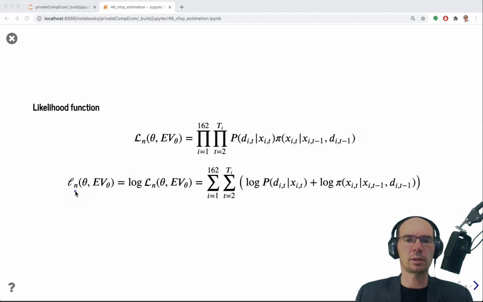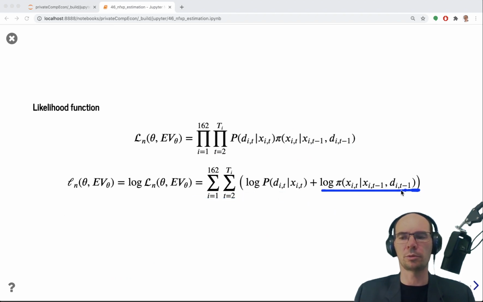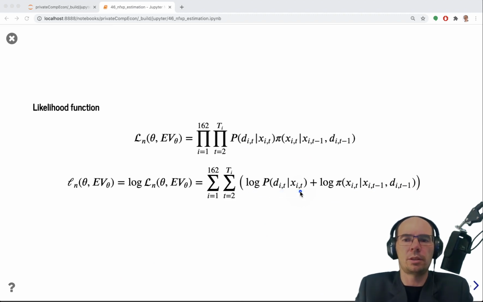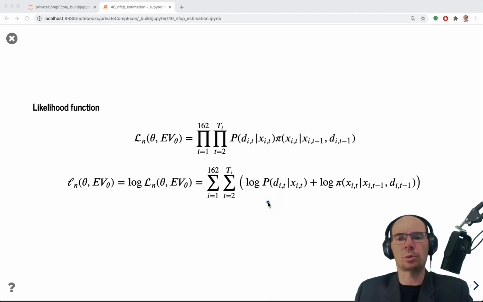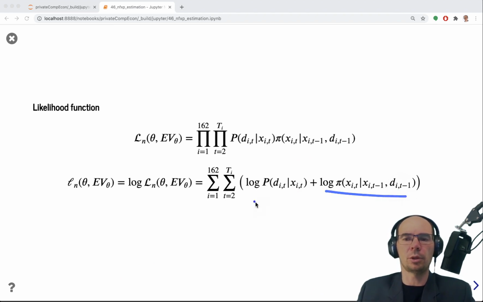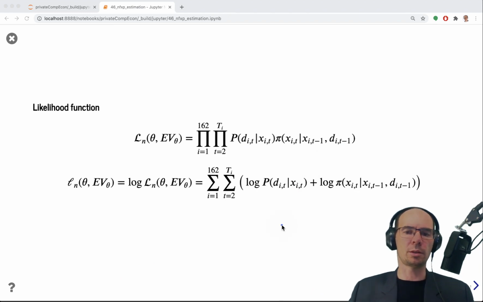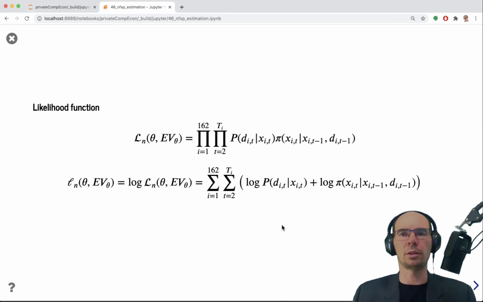And converting this likelihood into logs gives us the nice sum, and the probabilities of maintenance, of transitions and choices, according to the conditional independence assumptions, they separate into 2 different probabilities. And because we know that some parameters enter one part and other parameters enter the other part, we can actually estimate them separately, at least first, before going to the joint estimation. I'm not going to be talking about this, but John's paper details this approach as well.